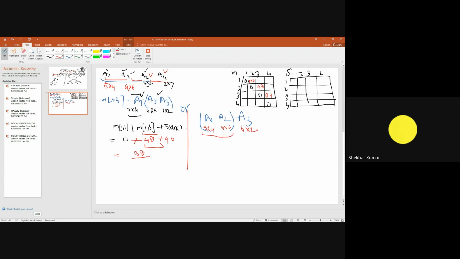So the overall cost would be M[1,2], because I am multiplying A1 and A2, plus M[3,3] for A3, and the cost of multiplying these is 5 into 6 into 2.